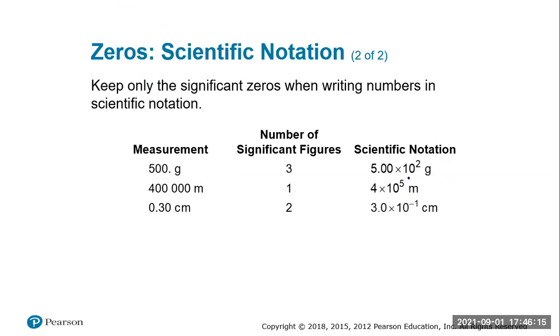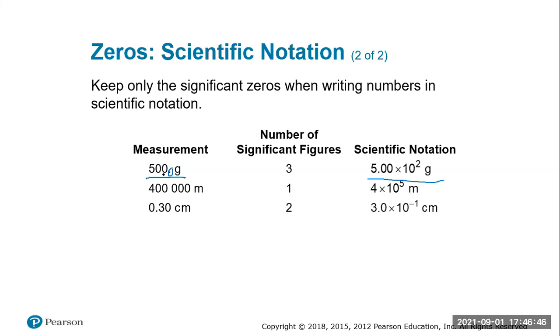Which brings up a really good point. When we go from what's sometimes referred to as positional notation, which is like a regular number, to scientific notation, we should always maintain the same number of significant figures. When we look at our original number here of 500, we do see the decimal point written, which implies that these zeros at the end are significant, and this number has 3 significant figures.